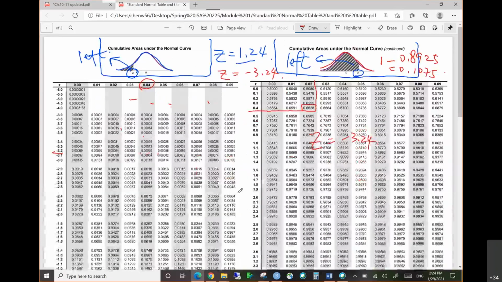I think we just had that practice before, right? So negative 3.24. Negative 3.2, focus on this line, combine with 0.04. So we have 0.0006, right? Okay, so this is the value we find from the normal table.